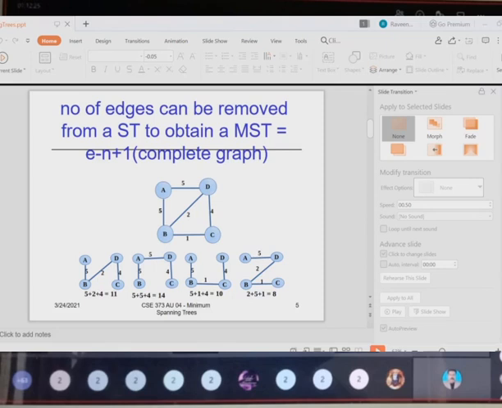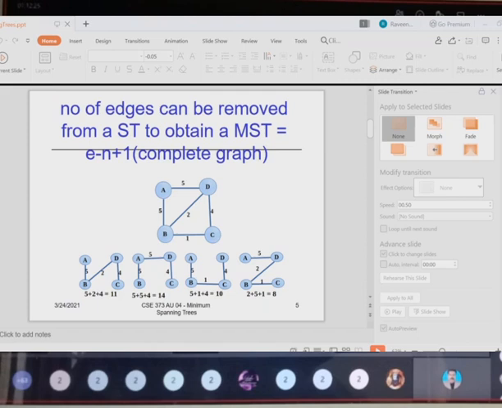Then a minimum spanning tree always deals with weighted graphs. So in a weighted graph, the edges will be assigned some values. Those are called weighted graphs. From those weighted graphs only we'll be able to obtain the minimum spanning trees.